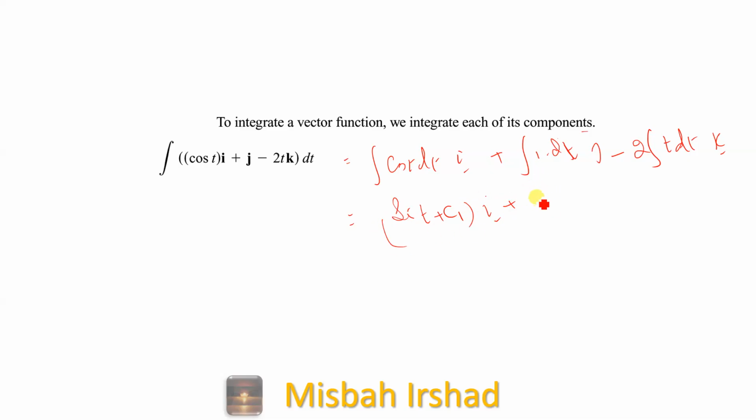Similarly, this is t plus c2 j and minus t squared plus c3 k, right? So this becomes sin t i plus t j minus t squared k plus c1 i plus c2 j minus c3 k. So this c1 i plus c2 j minus c3 k is the vector C.